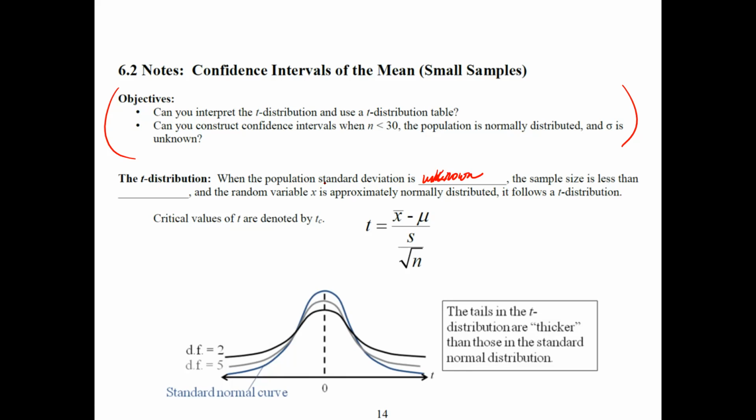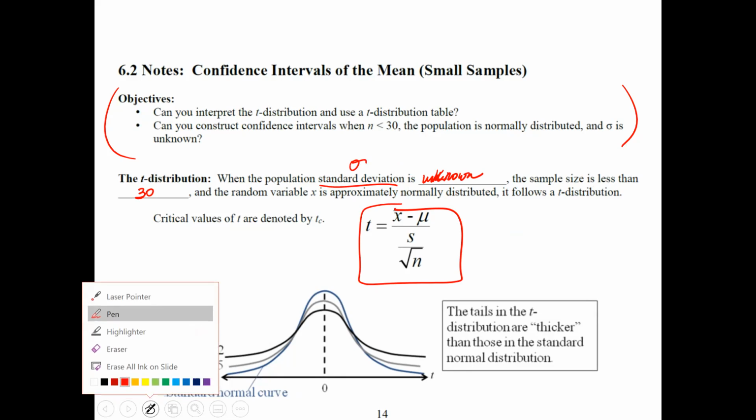So if you don't have the standard deviation and that is unknown, the sample size is less than 30, so you have smaller than 30 people, or whatever it is you're measuring, and the random variable x is approximately normally distributed, then you can find the TC with this formula right here.